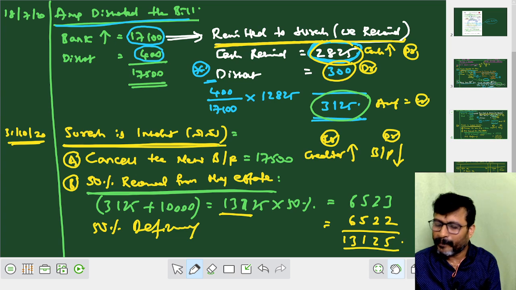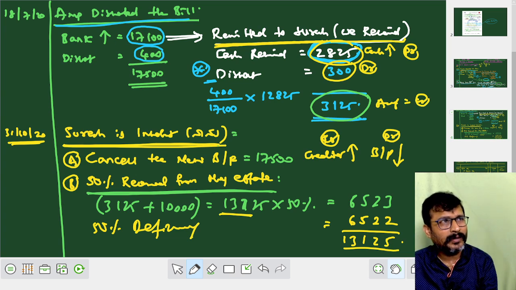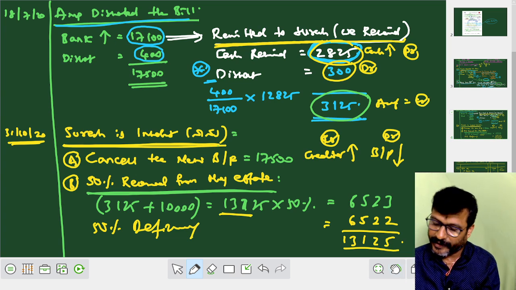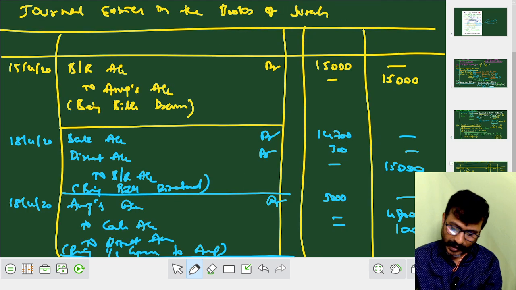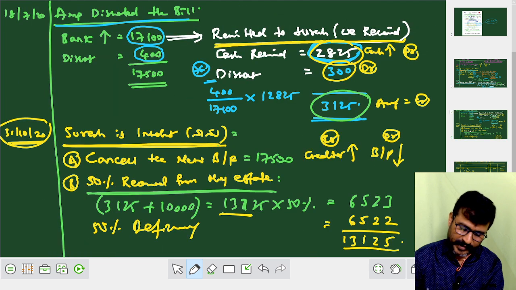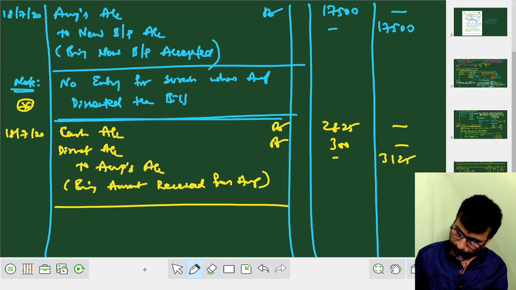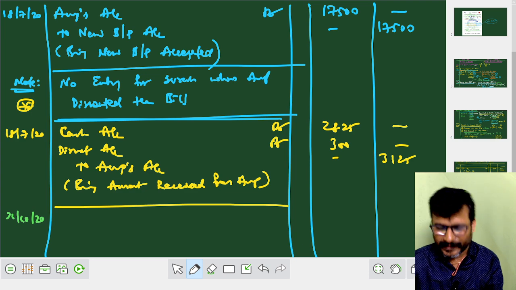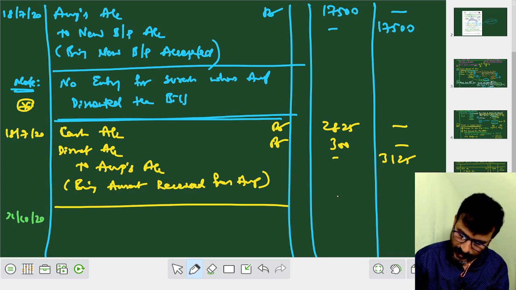Entry will be bills payable account debit to creditor's account. Who is creditor? Anup. What date? On the due date. The due date is 31st October 2020. Here BP cancelled, right? The entry is what?